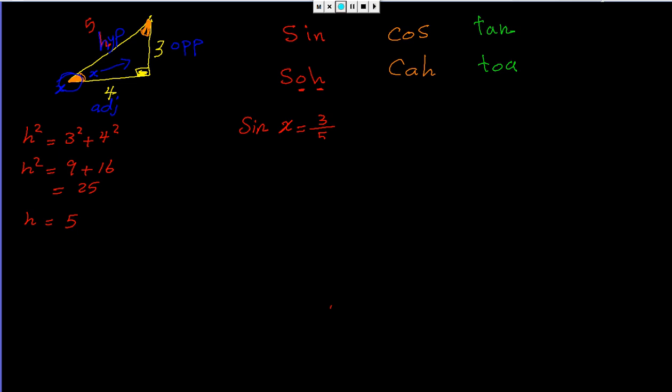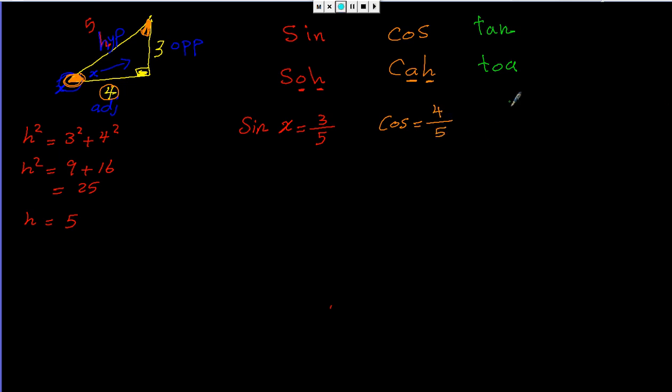What about cosine? Cosine is adjacent over hypotenuse. Here, the adjacent for x is 4, and the hypotenuse for this triangle is 5. So it's 4 over 5. Let's see what about tan, or tangent.